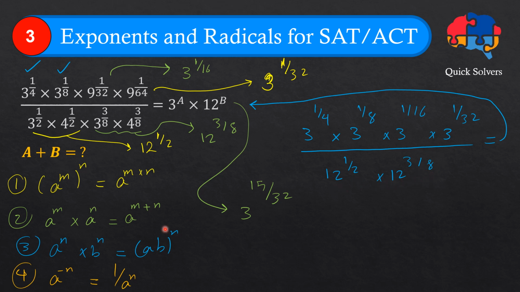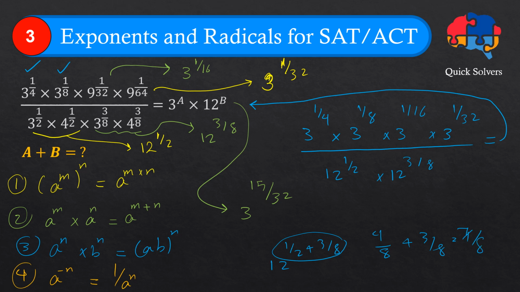That means, again, following the rule number 3, we can keep one of the bases and then sum up the exponents. Then I'll get 12 to the power of 1 over 2 plus 3 over 8. So if I just add up these two, I can write 1 over 2 as 4 over 8 plus 3 over 8. This is 7 then, 7 over 8.